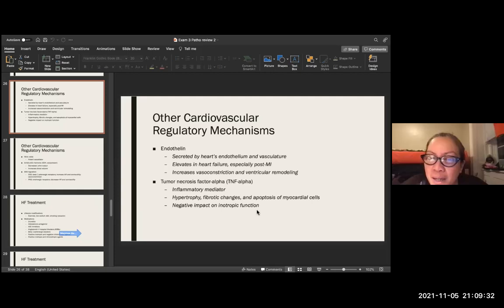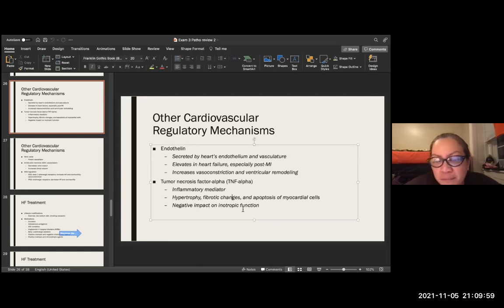Now, if there is a negative impact, do you think there's balance? No. So the tumor necrosis factor has a negative impact. It's an inflammatory mediator, but it has a negative impact. So this is imbalance. The tumor necrosis factor alpha is an imbalance on the inotropic effects of the heart.